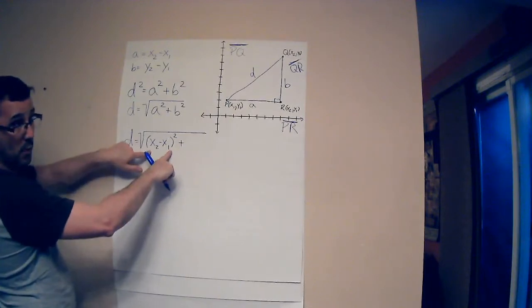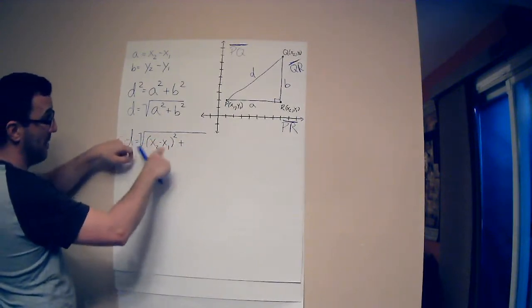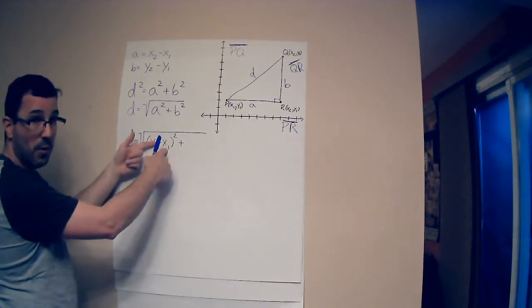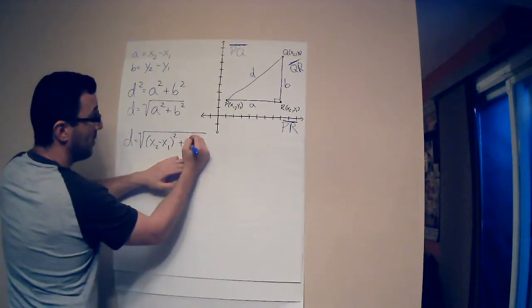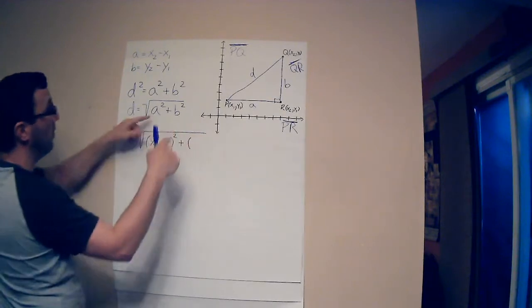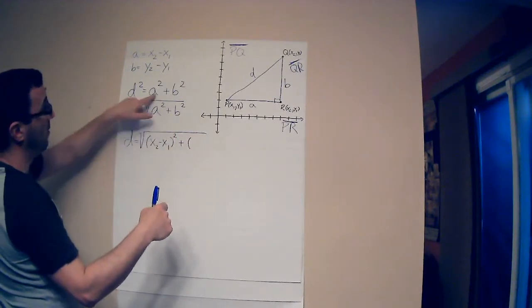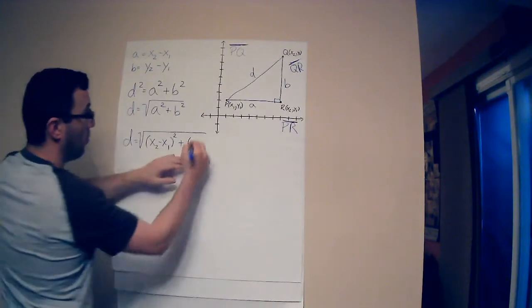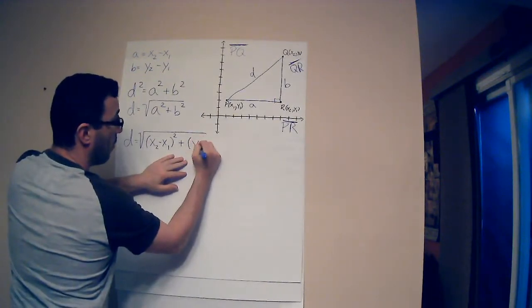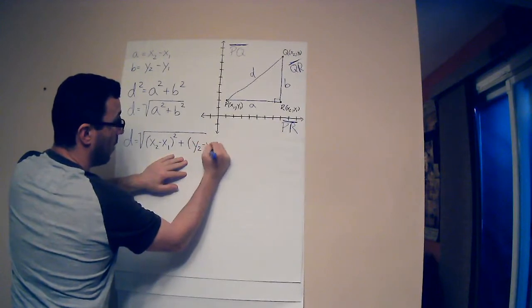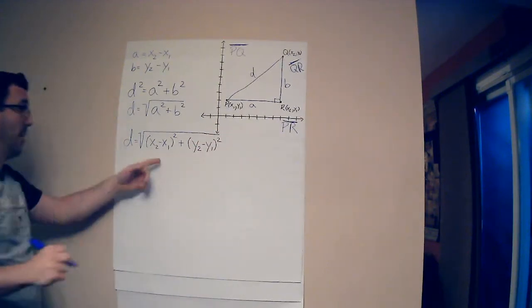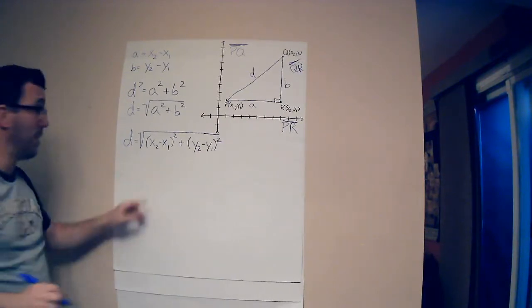Notice the parentheses around this, because I'm doing whatever the difference of this is squared. So I have to do what's in the parentheses first. Plus, well, b, I said was y2 minus y1, so I'm going to replace it with y2 minus y1, and I'm going to square that.